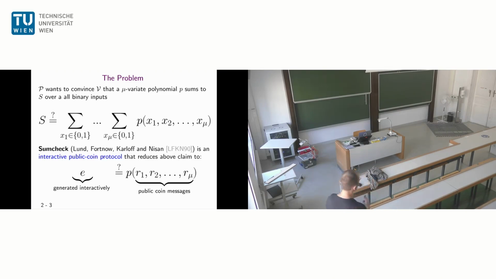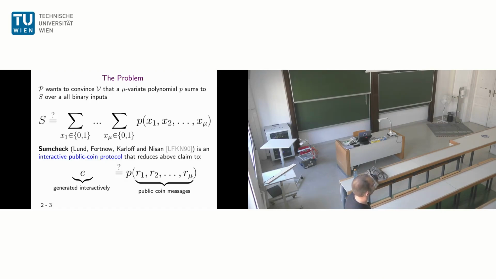So the Sumcheck protocol, in essence, is a protocol that reduces a claim of this form into a claim of that form. Instead of letting the verifier compute it on his own, the verifier will find himself in a situation where all he is left to do is evaluate the polynomial once at a random position.